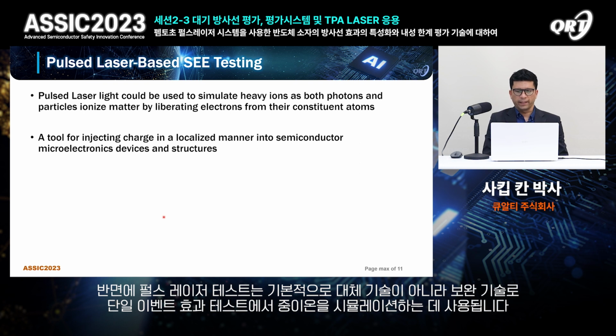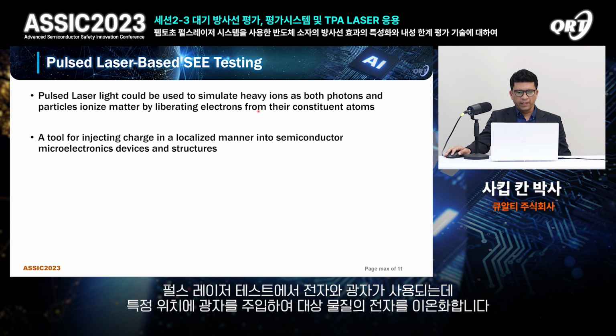On the other hand, pulse laser testing, which is basically not an alternative technique but a complementary technique, is used to simulate heavy ions to perform the single event effect testing.